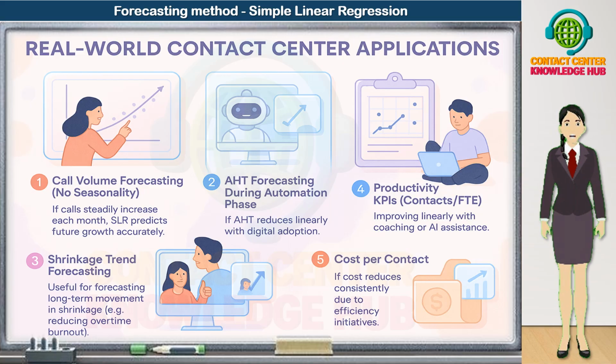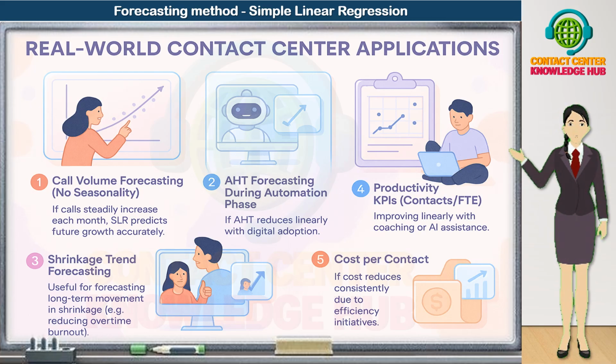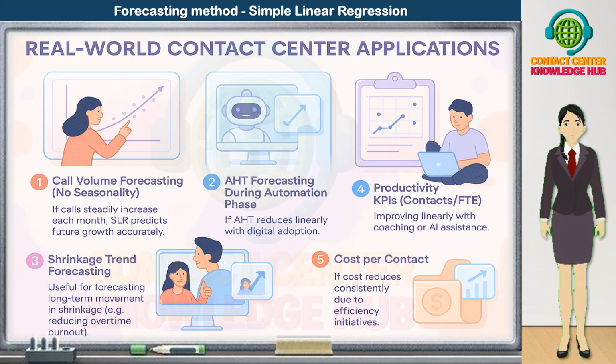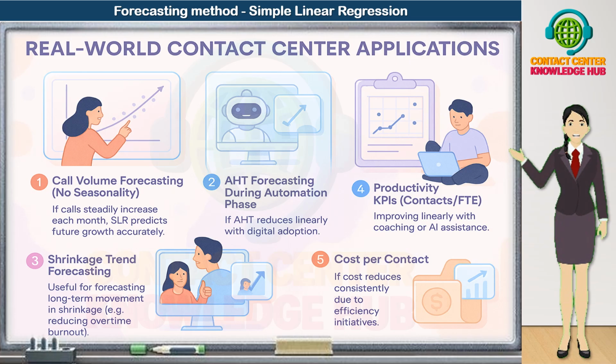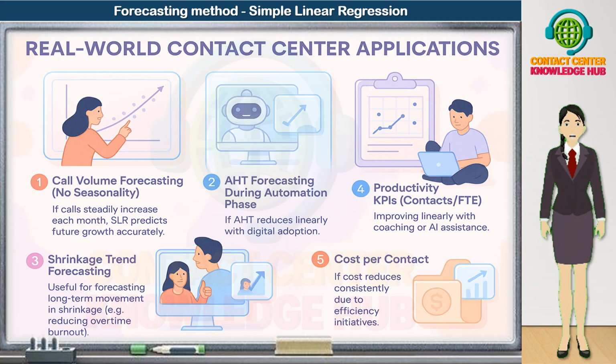Application 3. Shrinkage trend forecasting. If shrinkage is slowly reducing due to better planning, reduced burnout, or lower overtime, a linear model can capture the long-term downward trend. Application 4. Productivity KPIs such as contacts per FTE. When performance improves steadily due to coaching, training, or AI-assisted tools, SLR helps measure and forecast those productivity gains.